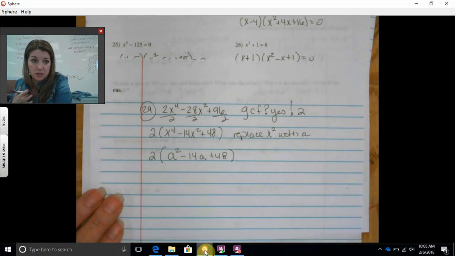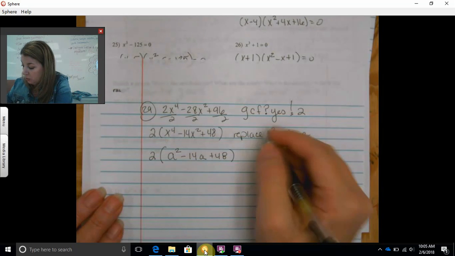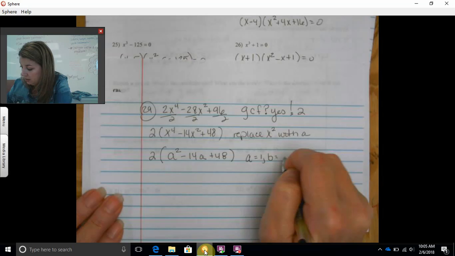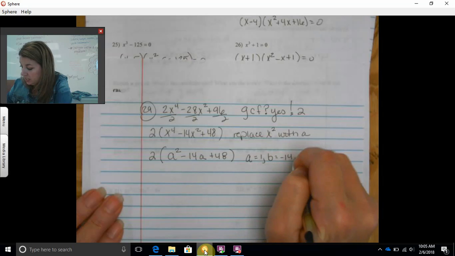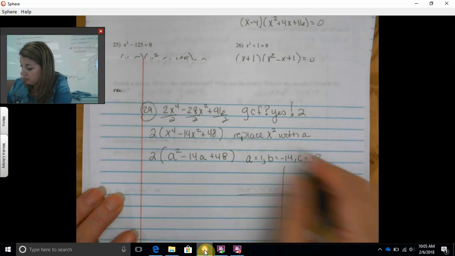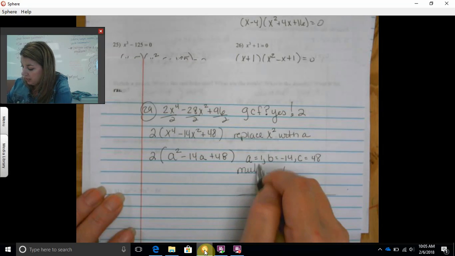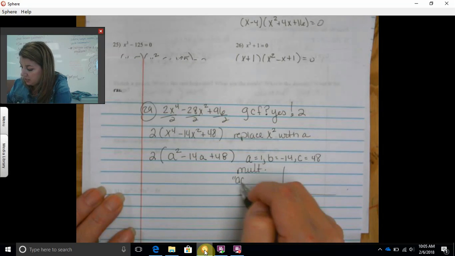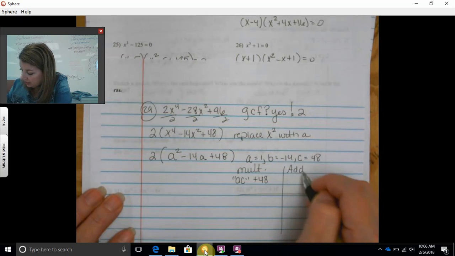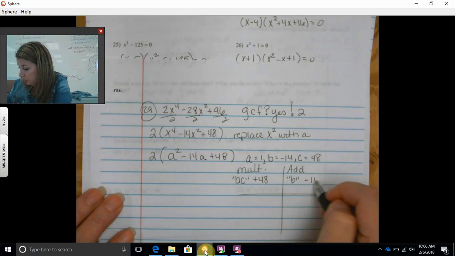I can do regular old T-chart and divide and slide. What is A? What is B? And what is C? So we need two numbers that multiply together to give me A times C, which is positive 48, and add to give me B, which is negative 14.